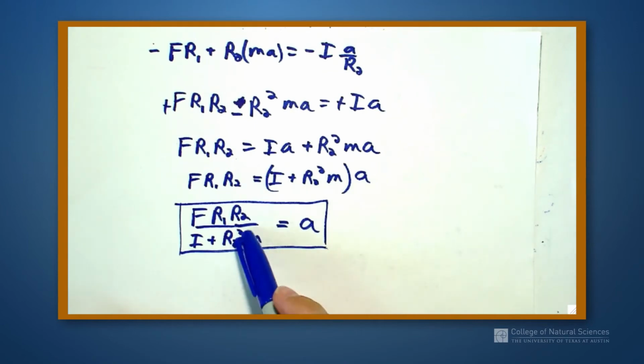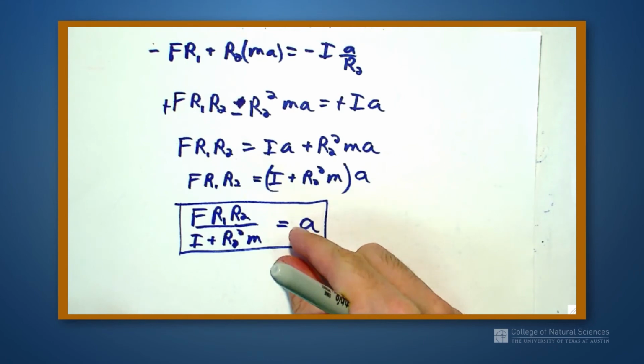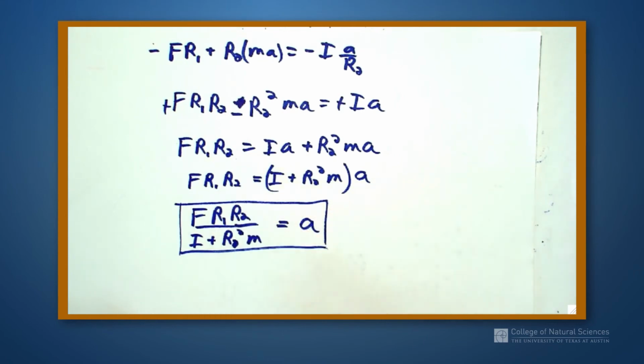Well, let's see. I'm trying to think of what cases I can do. If R2 goes to 0, that means this object becomes smaller and smaller. At least R2 becomes smaller and smaller.